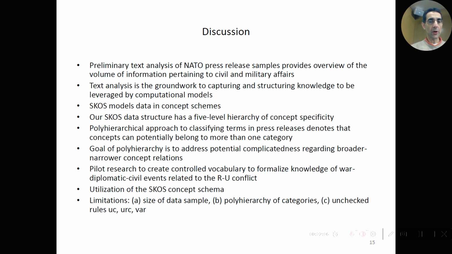The goal of polyhierarchy is to address potential complicatedness regarding broader and narrower concept relations in our pilot research to create a controlled vocabulary to formalize knowledge of war, diplomatic, and civil events related to the Russia-Ukraine conflict.